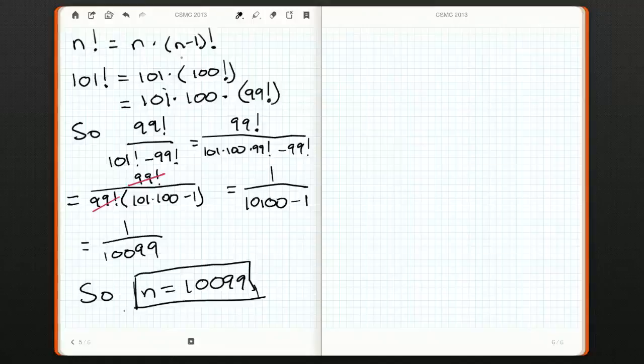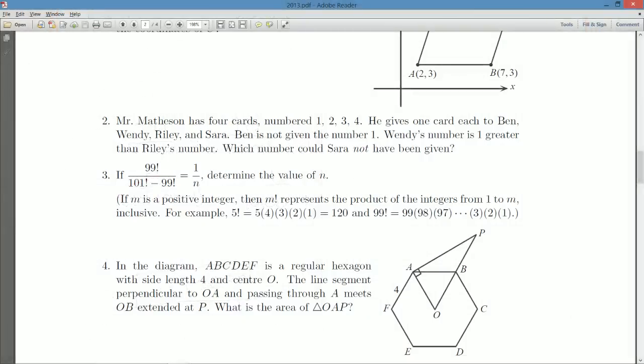We just need to turn this 101 factorial into something times 99 factorial so we can factor it out, and it all follows from there. If I hadn't seen factorial, I might have tried this and very well could have failed, and I would have moved on. If you don't understand a question, the best thing is always to move on. If you have time at the end, come back to it and keep trying. And as you're trying it, write down what you're trying, because that way you can still get part marks even if you don't understand it to the point of solving the question.